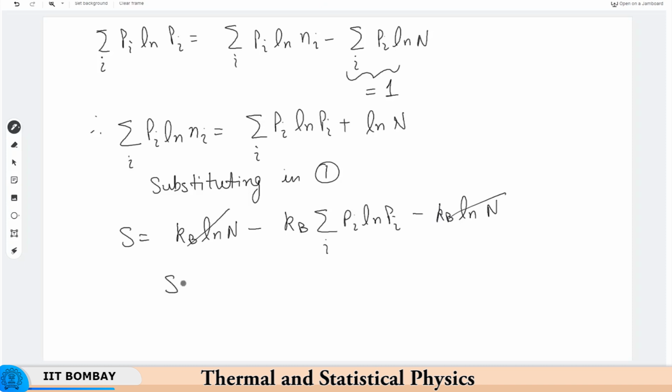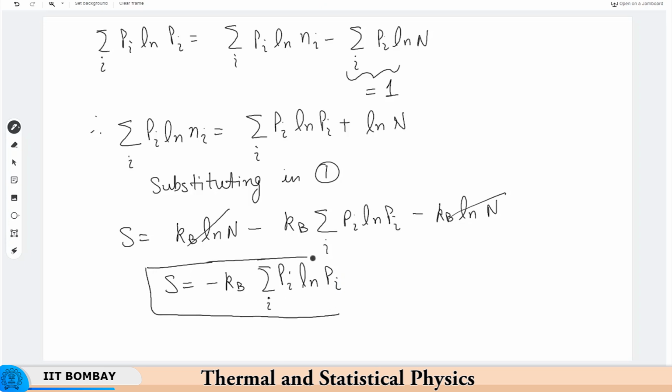Finally, we end up with the entropy to be equal to minus Kb times the sum over i of Pi log Pi, and this equation is known as the Gibbs expression for entropy. This is another way of defining the entropy of the system, considering quantities like the probability to stay in a particular macrostate and so on.